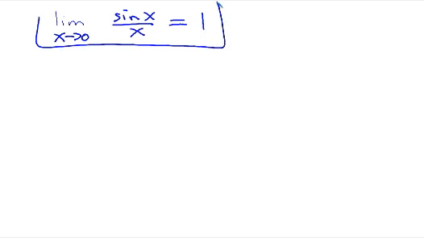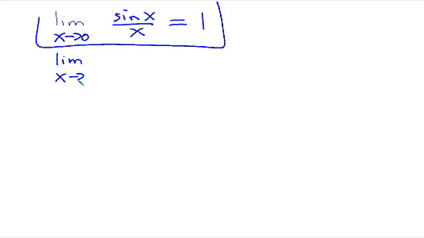All right. Last thing I want to talk about is I want to come back to the limit as x approaches 0 of sine x over x. We've talked about this. We know that's 1. But there are some other important rules I need to give you about this particular function.